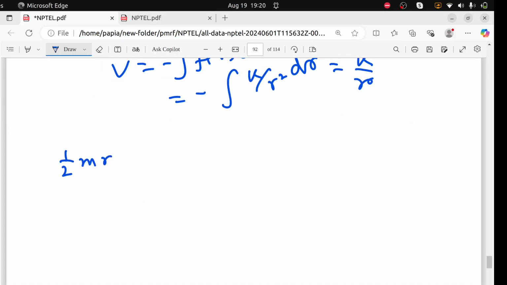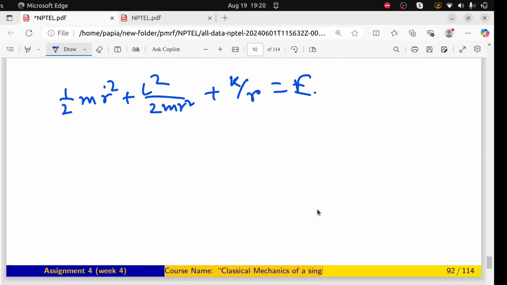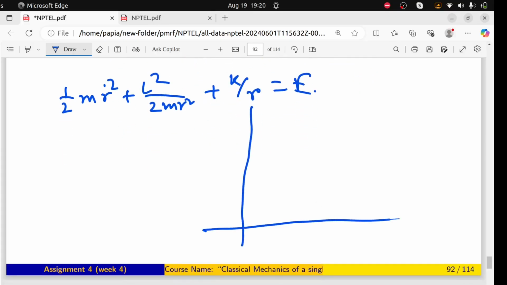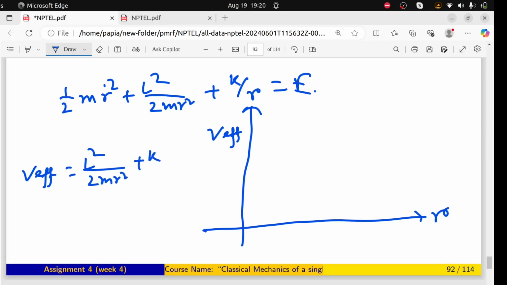Okay, so if it is a k by r case, then we can understand that half m r dot square plus L square by 2m r square plus k by r equals E. Now we just need to plot V effective versus r. Now what is V effective? V effective is L square by 2m r square plus k by r.